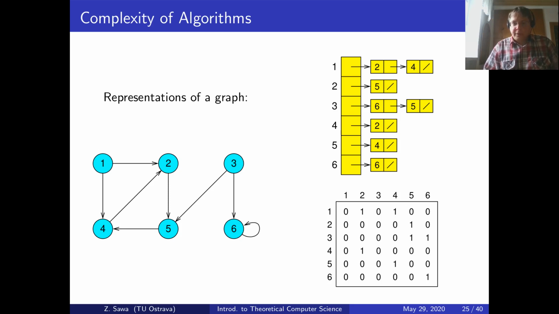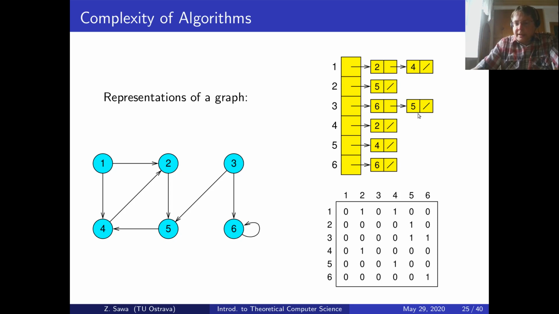For example, in the first representation, it's possible to very quickly find, for a given node, the list of those edges that go out of the given node. The time to go through this list corresponds to the number of these edges, not to the total number of nodes of the graph.